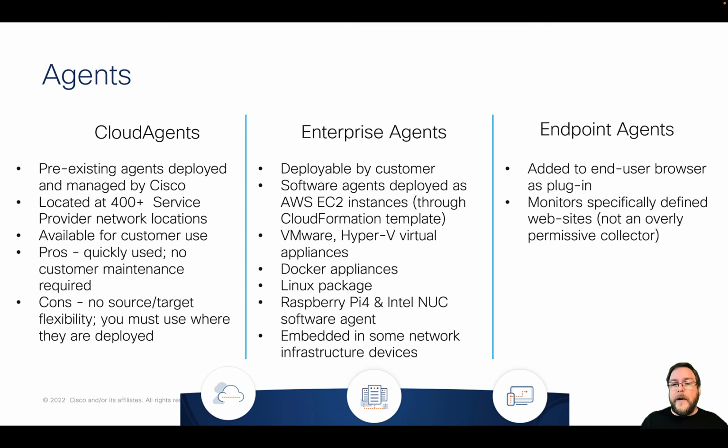You can deploy it as a Docker appliance, a Linux package on Ubuntu or Red Hat. You can even put it on a Raspberry Pi or Intel NUC as software agents running on those little single board computer systems. And it's also embedded in some network infrastructure devices, like the Cisco Catalyst 9300, which can run it as a Docker container.